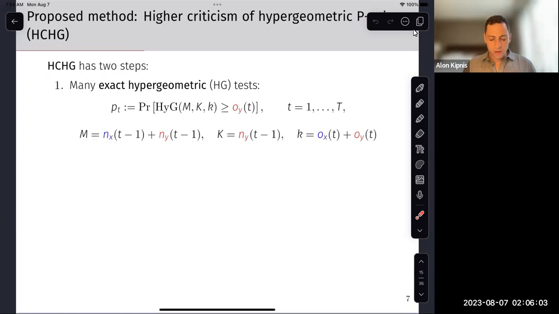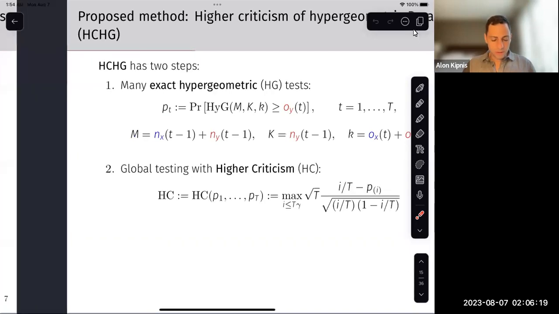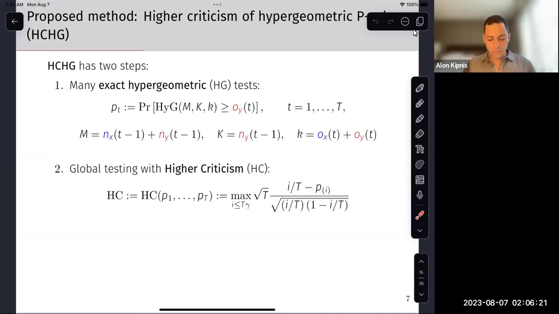Instead of using just mean and variance like in the log rank test, we look at the same hypergeometric distribution as in the log rank test, but we do an exact test, so we get a p-value for each test. In step 2, we combine all the p-values using higher criticism, which has this formula. So we use a global test applying higher criticism.